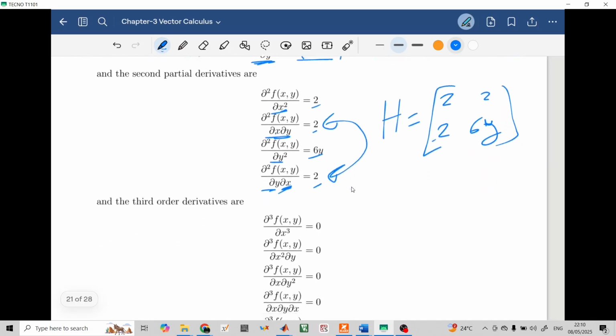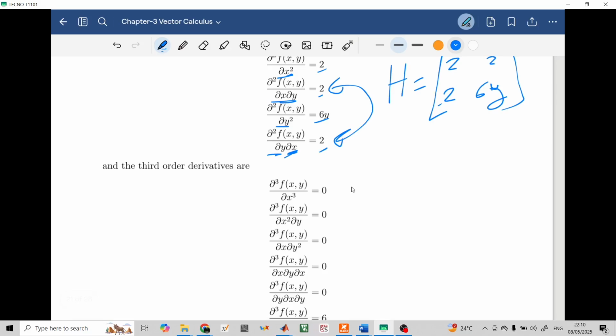Now remember, we need to find the third order derivative tensor. So what is the third order tensor? As we said, there is the third derivative of f with respect to x and y.